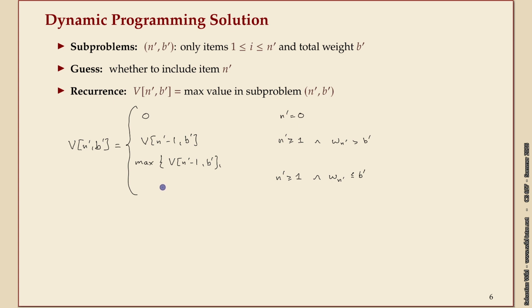So I get the value for n prime. But then for the rest of the items, I only have B prime minus the weight of this. So I have a smaller leftover capacity, whatever is left after putting this item in, but I get the value for this item.